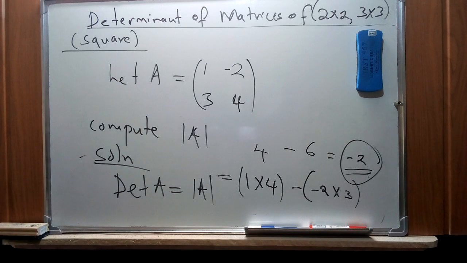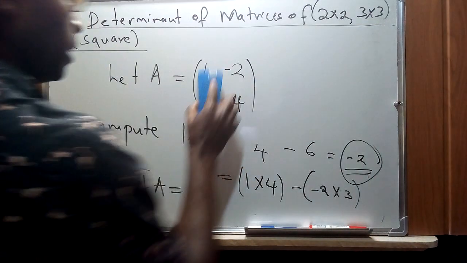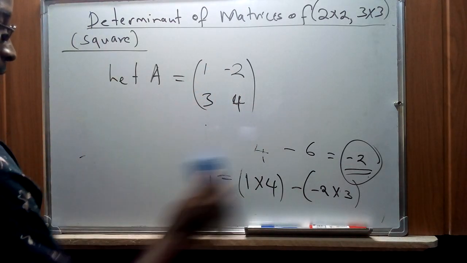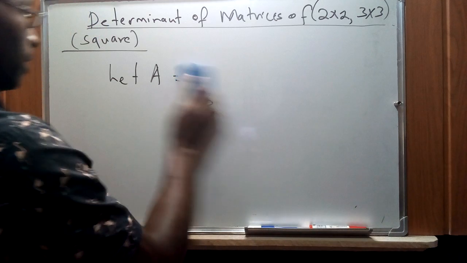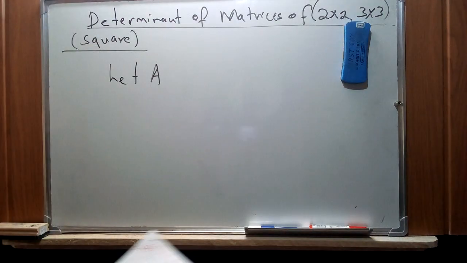This is the determinant of this specific matrix. Now suppose we are given another example which appears in the form of unknown elements or an equation. How can we find the determinant of that kind of matrix?